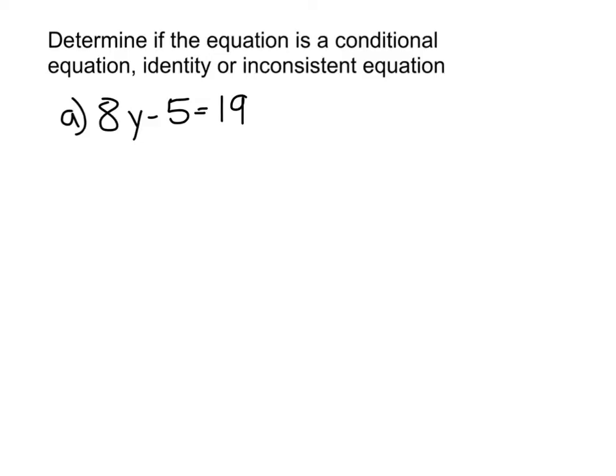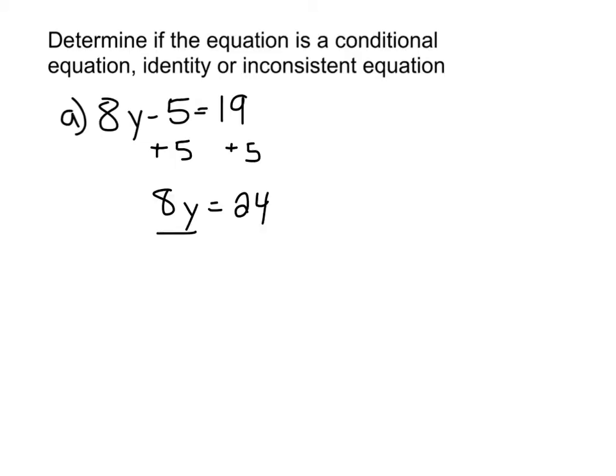Starting with the first example, 8y minus 5 equals 19. The best way to determine what type of equation it is is to go ahead and try to solve the equation and see what happens. I'm going to add 5 to both sides, so I end up with 8y equals 24, because 19 plus 5 is 24.